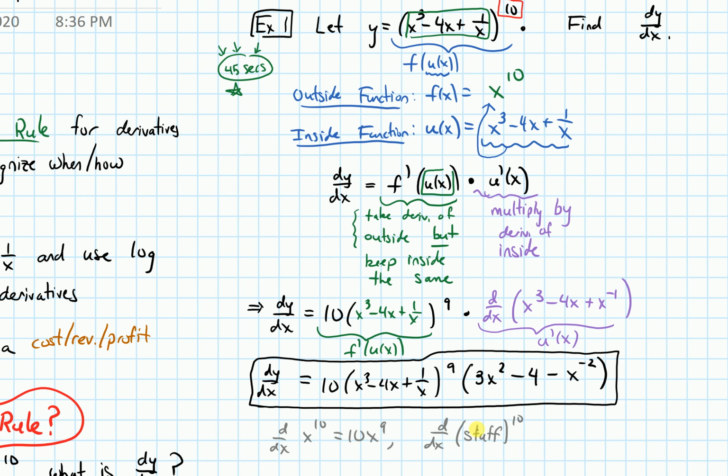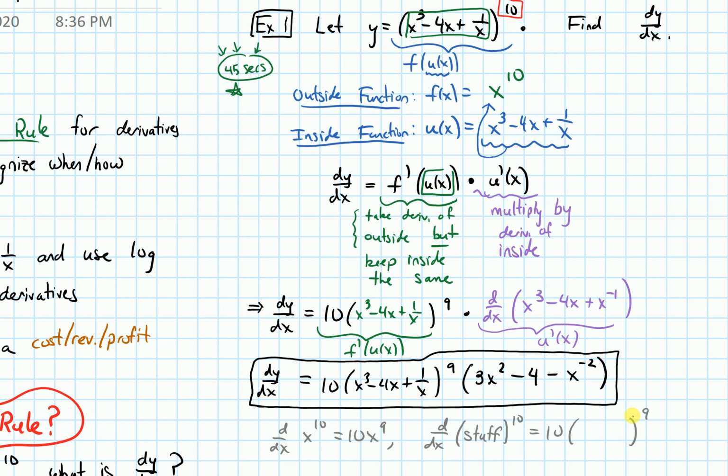And the chain rule says, okay, if you got some different stuff inside of whatever the outside function was, then use the chain rule. The chain rule is going to say, handle the outside part first, and that's the fact that we have something to the 10th power. Bring that power down, and then subtract 1 from the power.